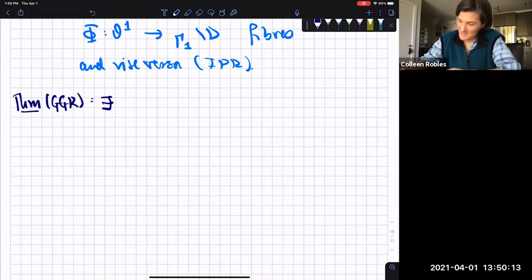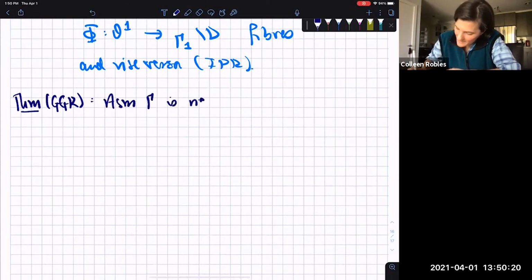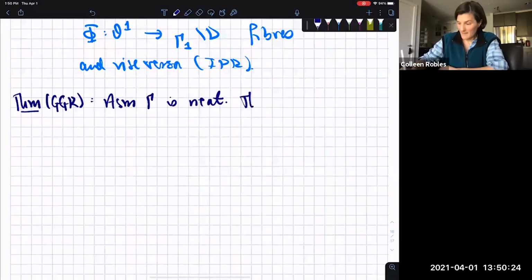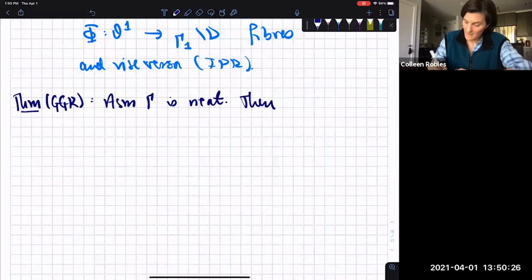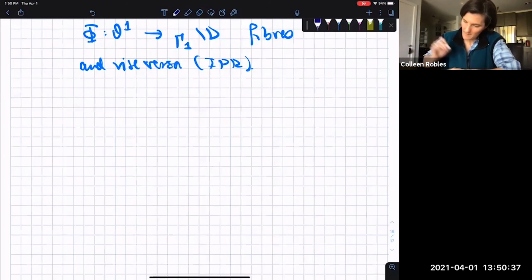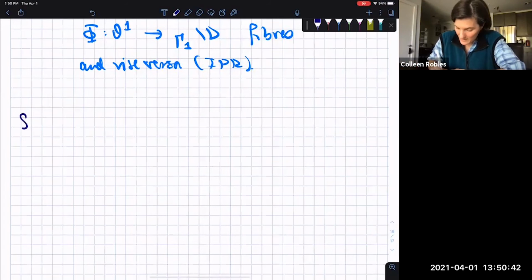Okay, let's assume that gamma is neat. Then the first, I'm a little carried away with myself. So before I state the theorem, let's look at the Stein factorization.